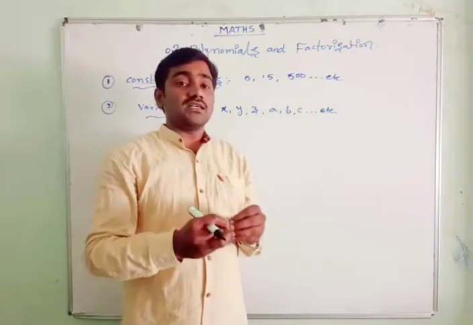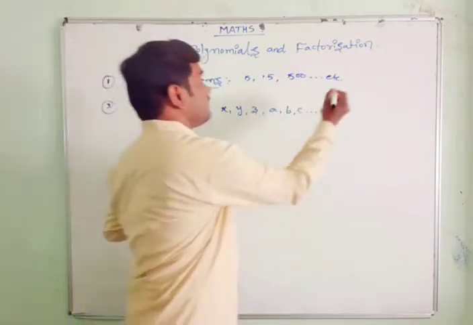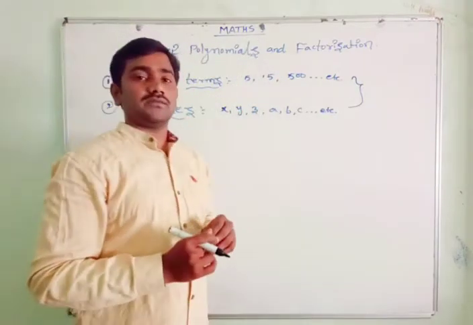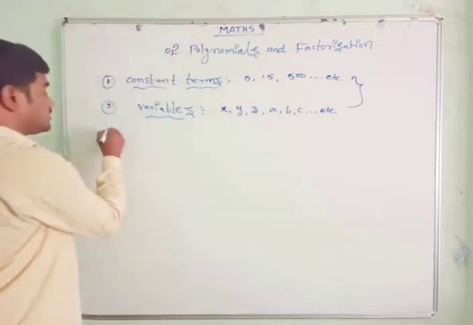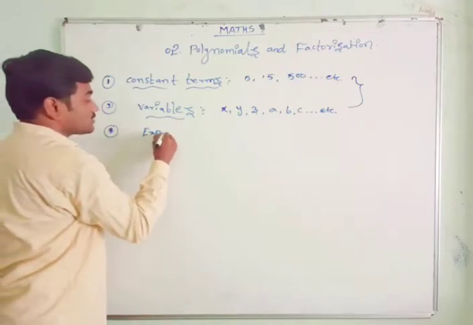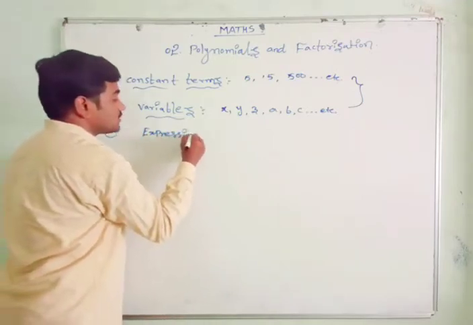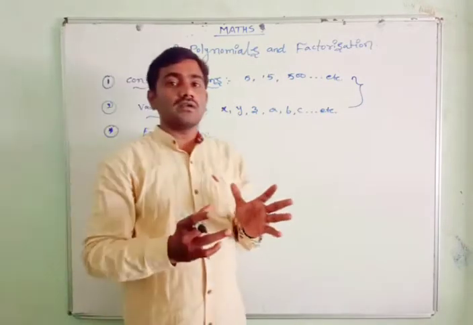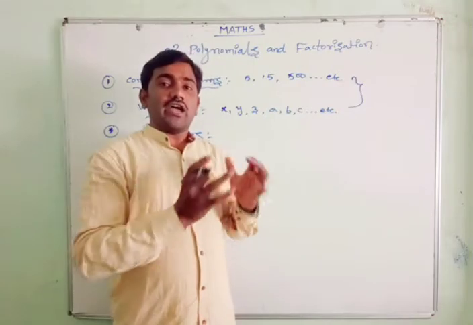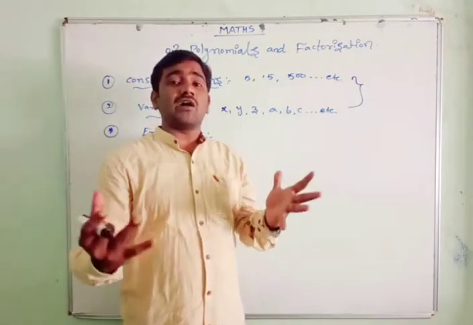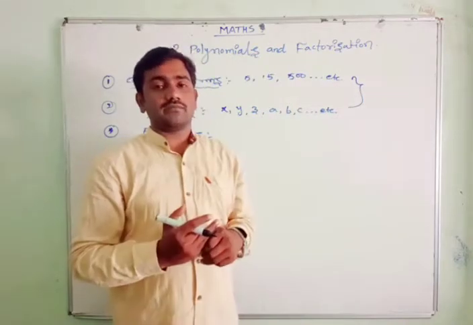Next, let us learn the combination of these constant terms and variables. We get expressions. Expression in the sense the combination of variables and constant terms which are connected by arithmetical operations are known as expressions.